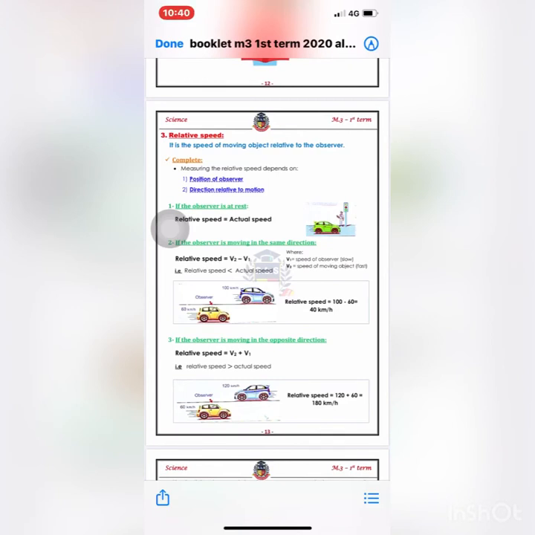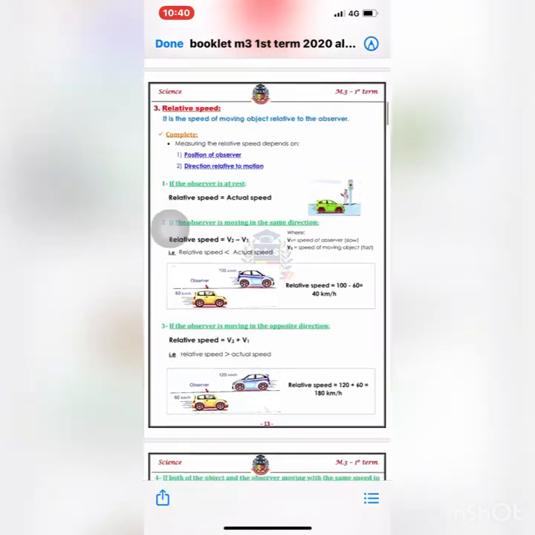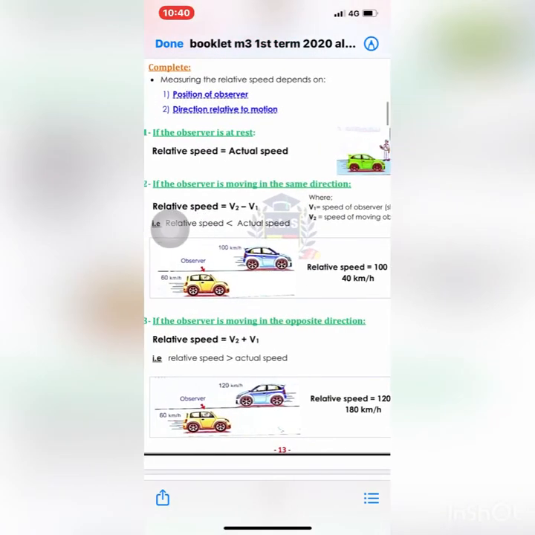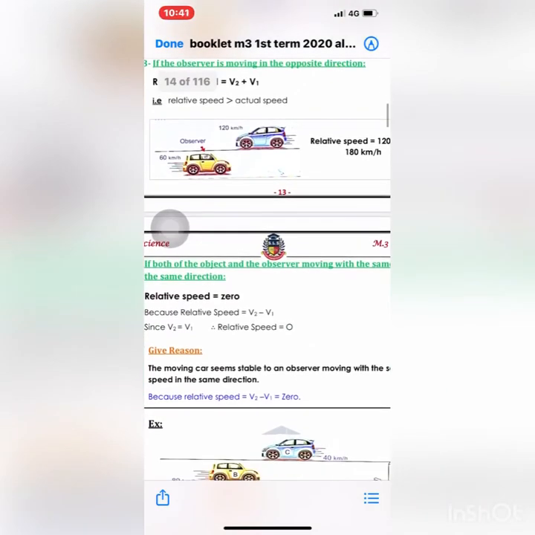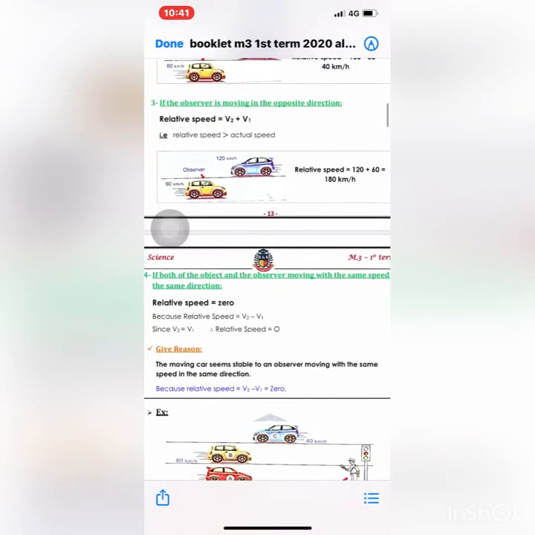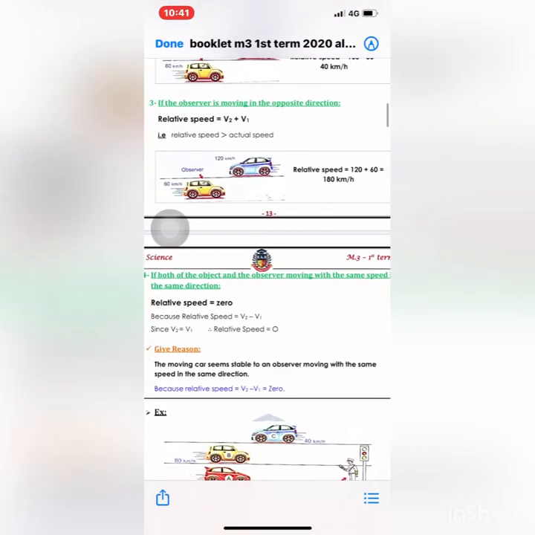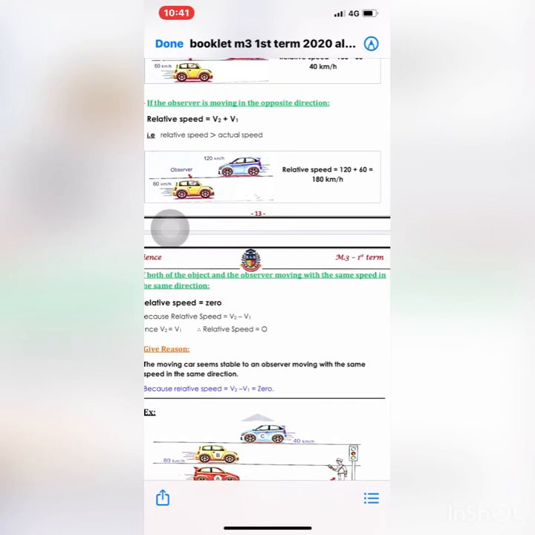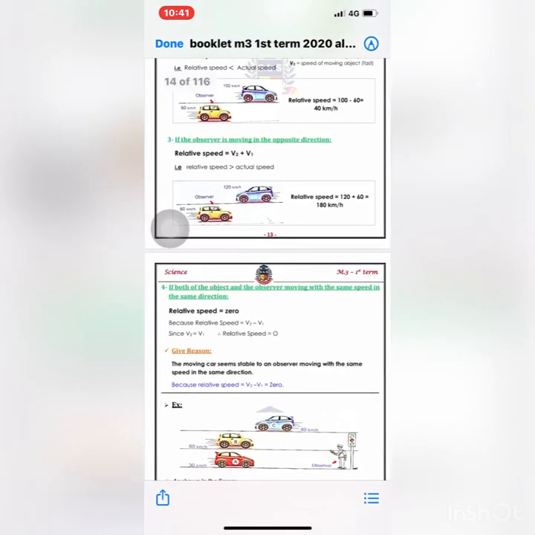The second case, if the observer is moving in the same direction, relative speed will be lower than the actual speed and equals V2 minus V1. If the observer is moving in the opposite direction, relative speed will be higher than the actual speed, equal to V2 plus V1. And the last case, if both the object and observer are moving with the same speed in the same direction, the relative speed will equal 0.